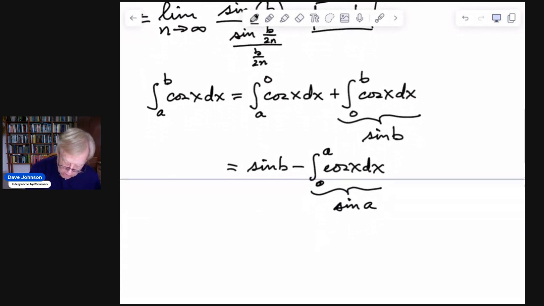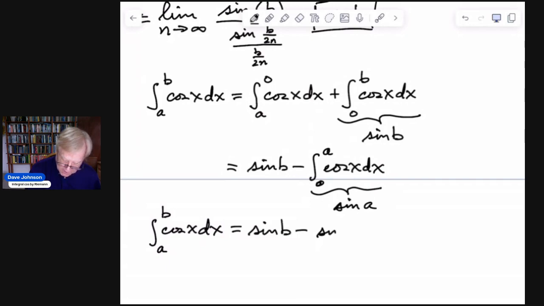And so summarizing, the integral from a to b of cosine x dx is equal to sine b minus sine a, just as you would expect using an antiderivative, using the fundamental theorem of calculus. But we didn't have to know the antiderivative to do this problem.